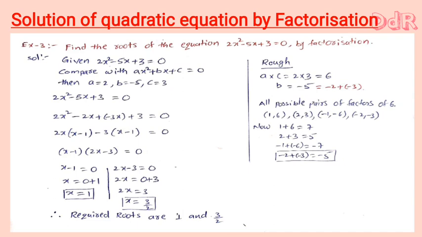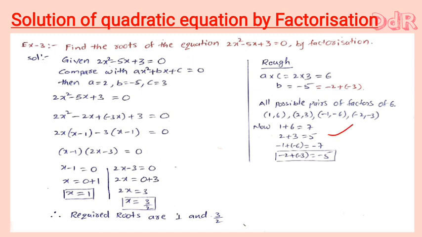See here, 1 into 6 is 6. Next, 2 into 3 is 6. Next, minus 1 into minus 6 is 6. Minus 2 into minus 3 is 6. These are the possible pairs of factors of 6. Now let us add. First one, 1 plus 6 equals 7.